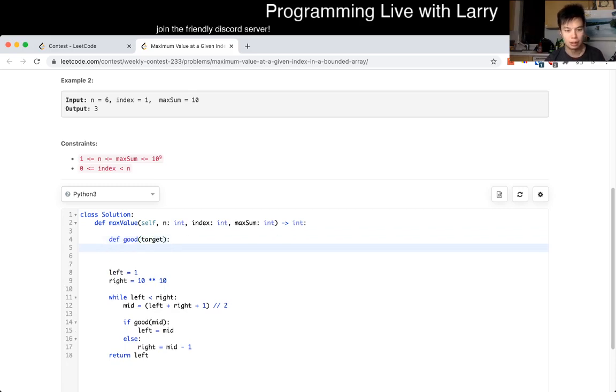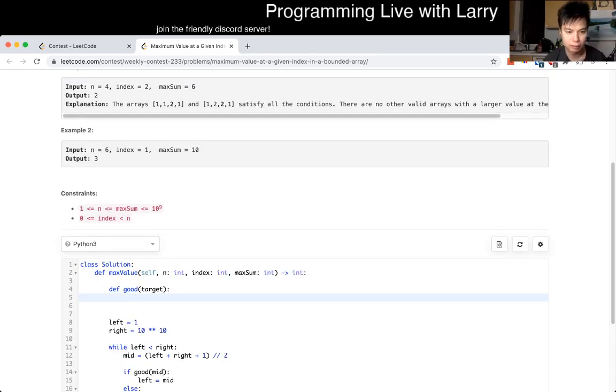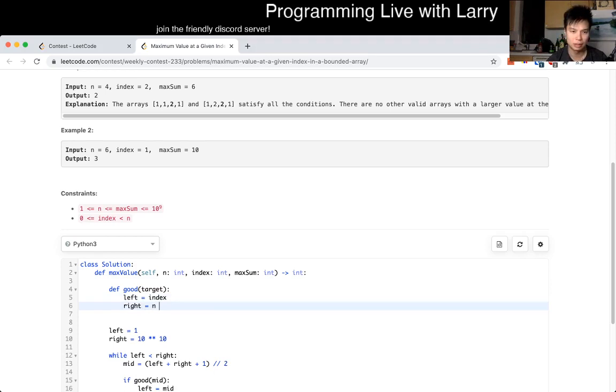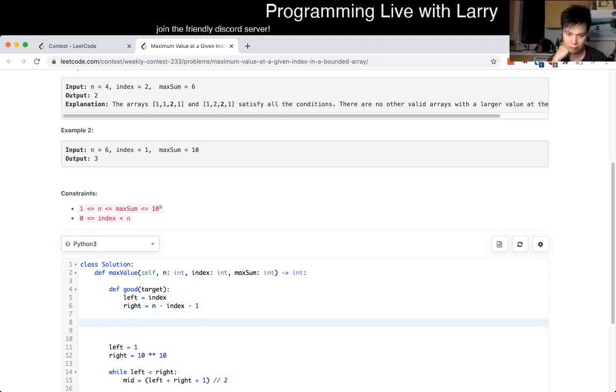Okay, and then left is equal to index and right is equal to n minus index minus 1. What is good, right? So the target on the left side is going to be... the math is hard.